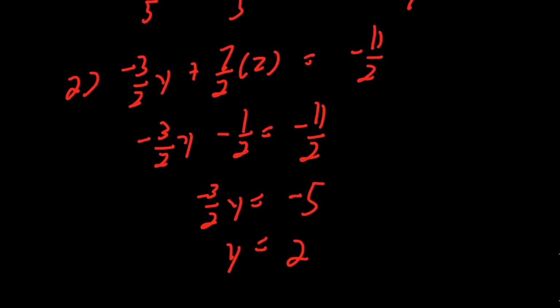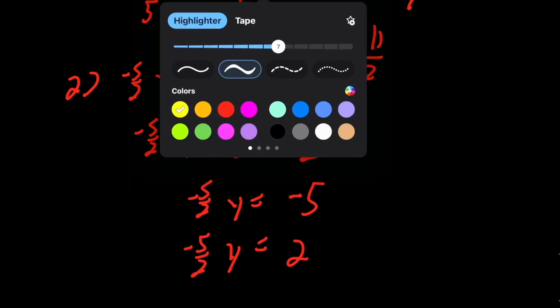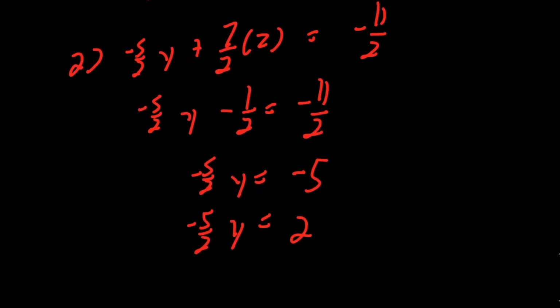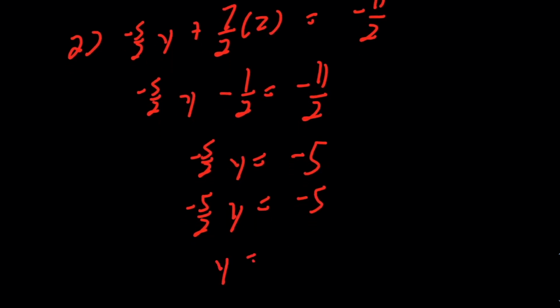Thankfully, it was an easy mistake to point out. I knew there was something wrong where if I plug in y into this step, it's not going to give me negative 5. So, let's see here. Okay, negative 5 multiplied by the reciprocal, and we should get 2. Yes, right on. Okay, we got the value of y.